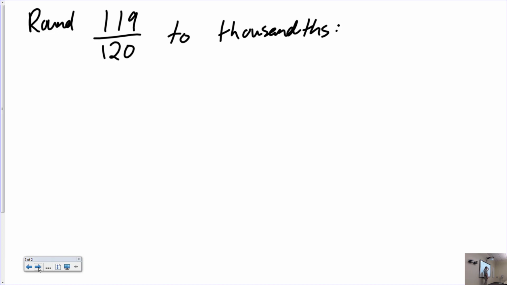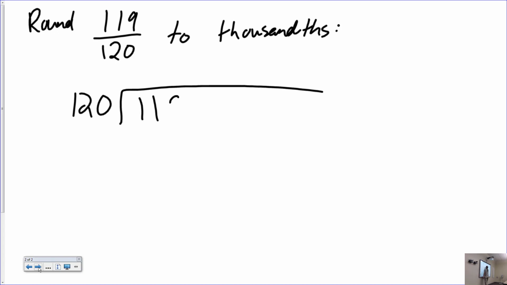Yeah, see if you round up or down. Okay, so cool. All right, so how are we going to convert 119/120ths? We know we don't need to go more than 5, because at that stage we've gotten to the 10,000ths and we're done. All right.